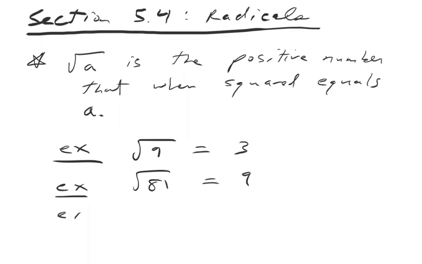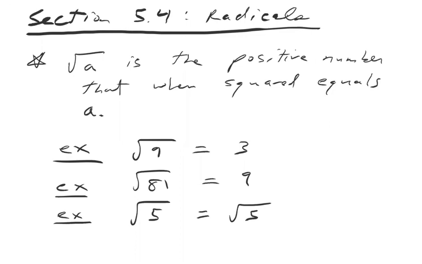But if I did something like this, the square root of 5, there is no whole number that when I square it gets me 5, is there? Because 2 squared is 4, and of course 3 squared is 9. So square root of 5 is somewhere between 2 and 3. So when we can't take the square root of something, we just leave it as square root of 5. We just leave it that way.